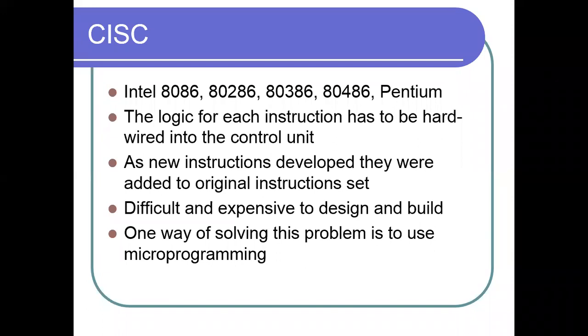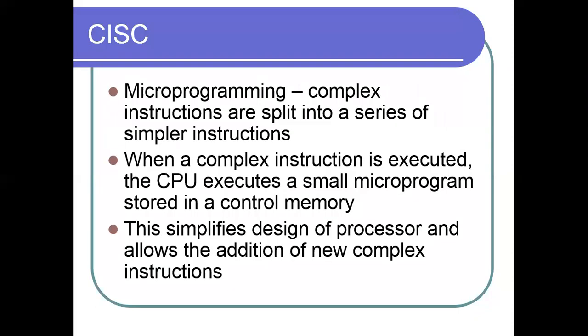One way of solving this problem is to use microprogramming. So microprogramming was used for creating those kinds of instructions. What does microprogramming mean? Complex instructions are split into a series of simpler instructions. And when a complex instruction is executed, the CPU executes a small microprogram stored in the control memory. So to execute any program, we have to first execute a microprogram.